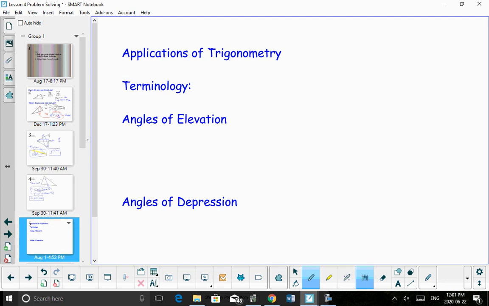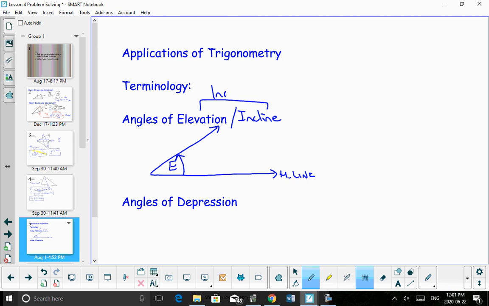Okay, a couple of words. Let's just go back and review this from grade 10. So angles of elevation and angles of depression. So an angle of elevation, so you have to go from a horizontal line. When you look up from that horizontal line, this is called the angle of elevation. Now sometimes it's called the angle of incline, and sometimes they'll put these two words together and they'll call it the angle of inclination.